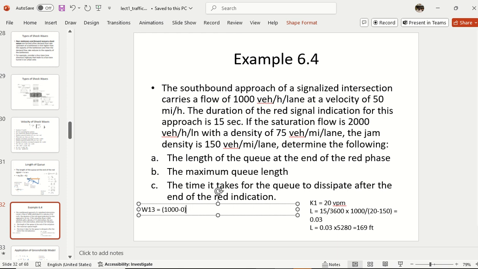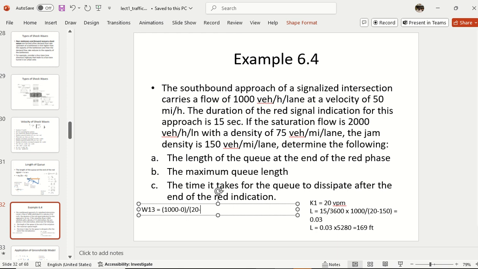Q1 1000 given. They are coming at flow rate of Q1. Why 0? Because signal became red. Signal becomes red, flow rate is 0. Divided by K1 minus K2. K1 is 20, you calculate it using this flow and speed. Minus K2. K2 is the jam density. Why jam density?